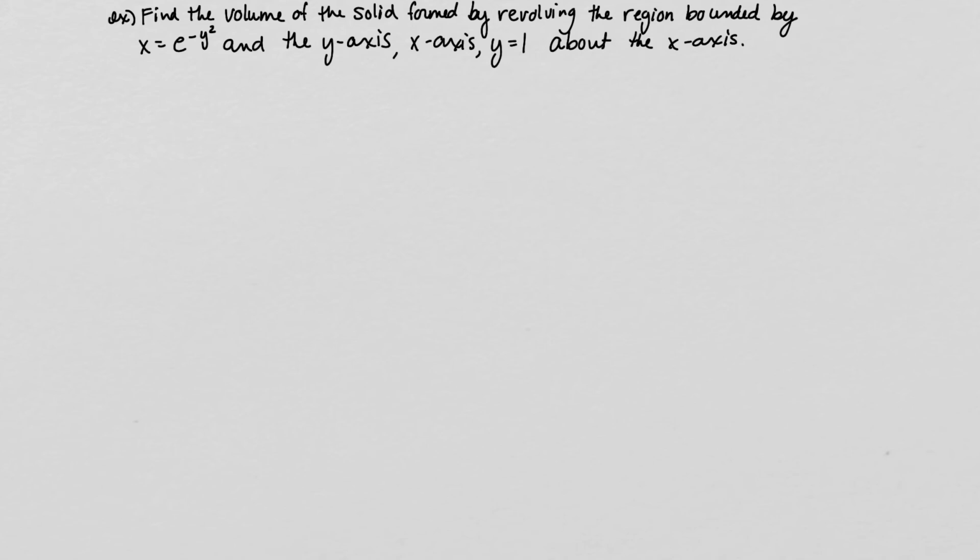Okay, so e to the minus y squared, if you were to graph this, remember the y-axis is the line x equals 0, and the x-axis is the line y equals 0, right?